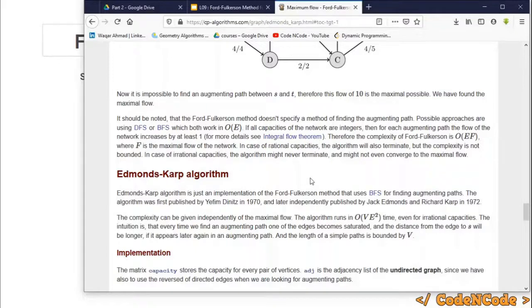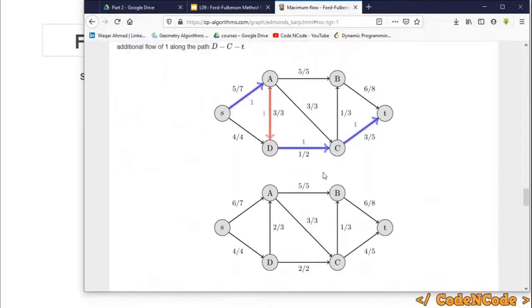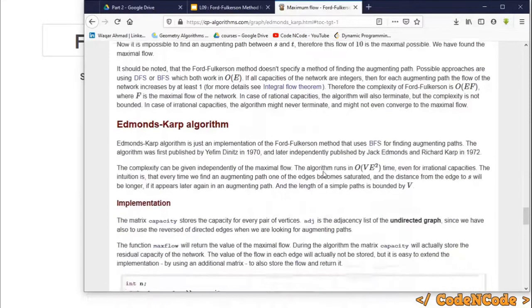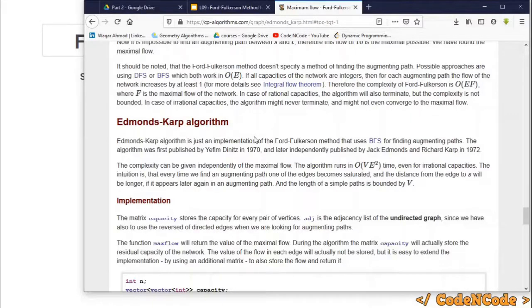We'll be using BFS, since we are using a graph that can contain cycles. So it uses BFS to find the augmenting path. These were the two problems with the Ford-Fulkerson algorithm, which are overcome by the Edmonds-Karp algorithm.